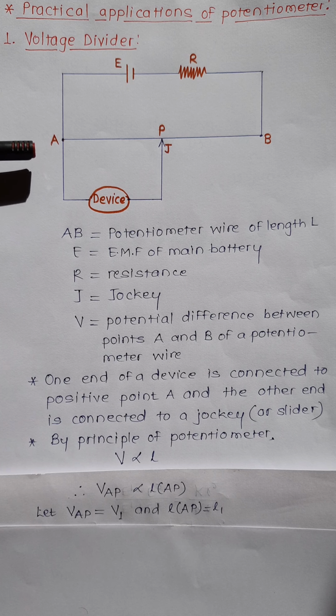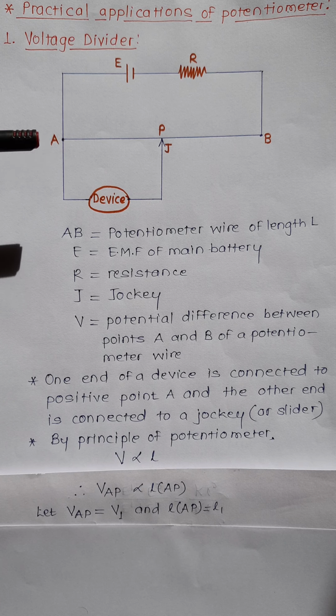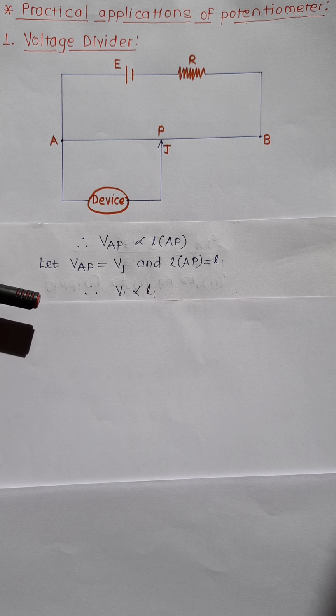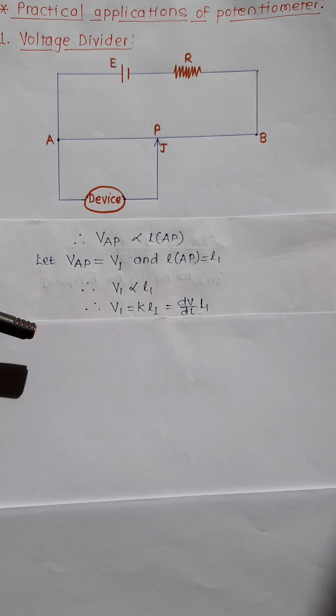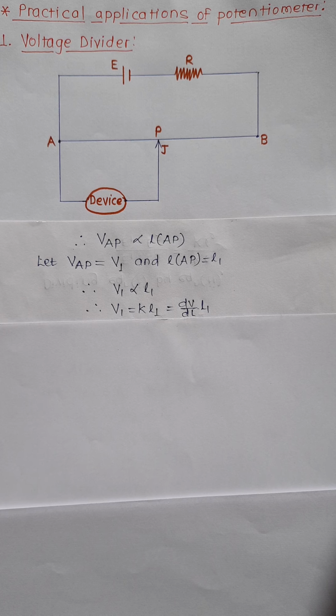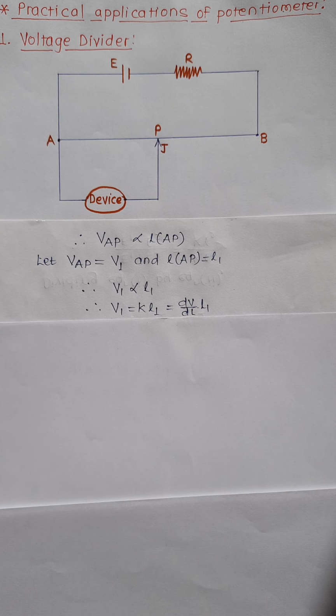Here V_AP is the potential difference across this device. Now by sliding the jockey on the wire, we can adjust the potential difference between points AP. We can write V1 is directly proportional to L1. Therefore V1 is equal to K L1, where K is the potential gradient of the wire and its value can be written as dV upon dL.